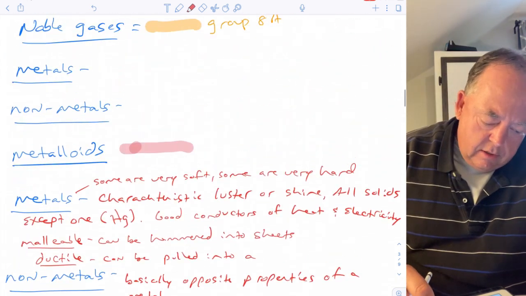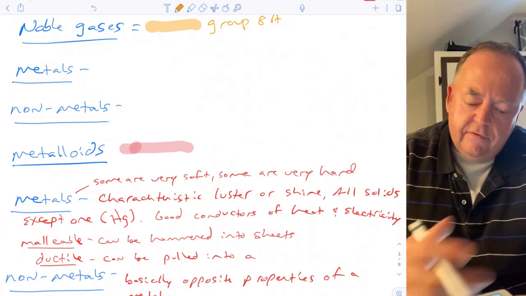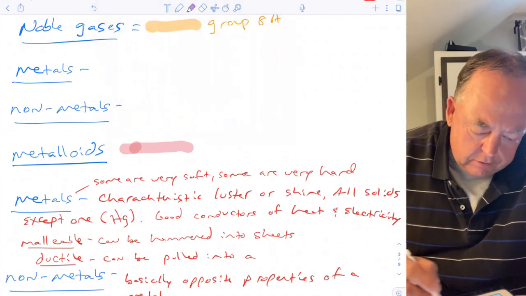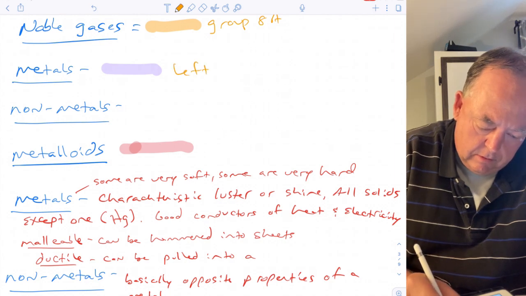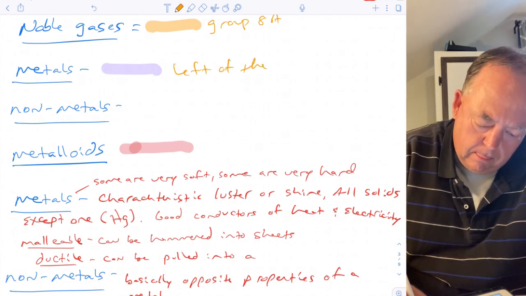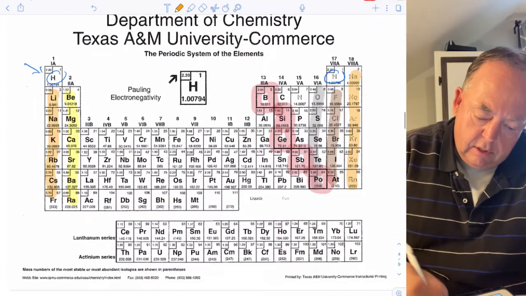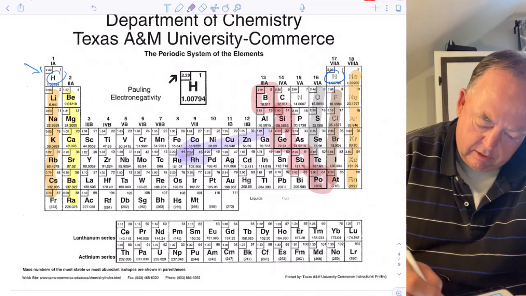Okay, so then the metals will be everything to the left of the metalloids. So what do we want to make the metals? Okay, so the metals would be everything on this side.